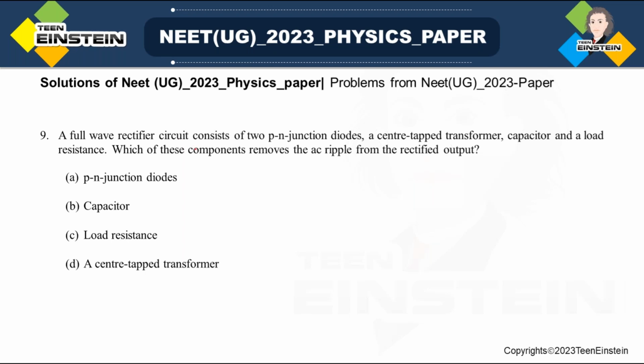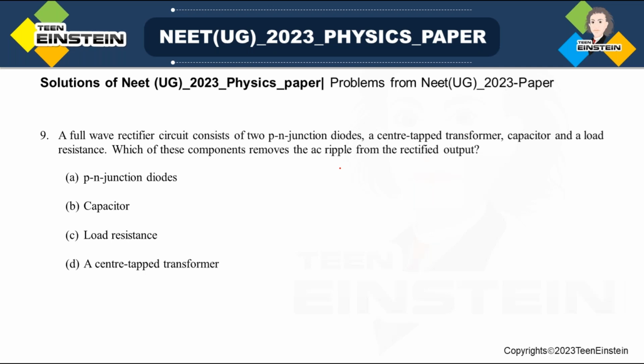A full wave rectifier consists of two p-n junction diodes. How does this look, the circuit diagram?